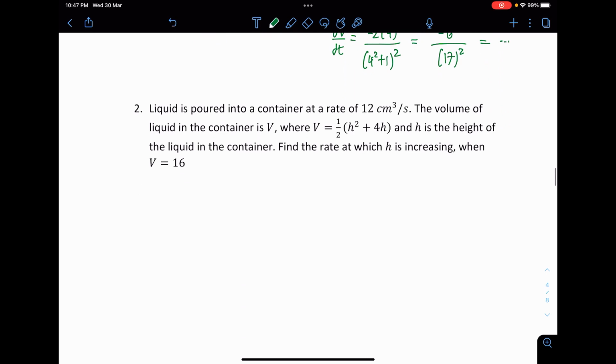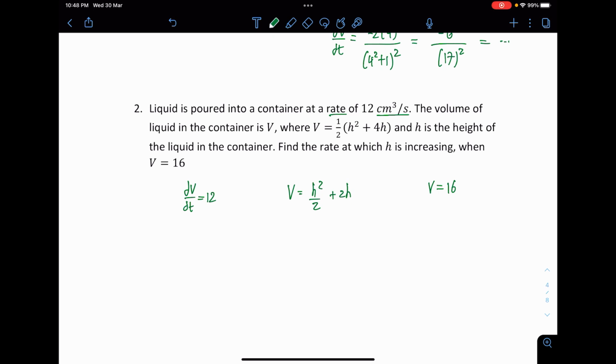Next question. Liquid is poured into a container at the rate of 12 cm cubed per second. So this is the rate, and the unit is cm cubed, so I can tell that dV/dt equals 12. The volume of the liquid is given to be this figure, and I'll just expand it into these numbers. That's the second piece of information, and the third piece of information is V equals 16.